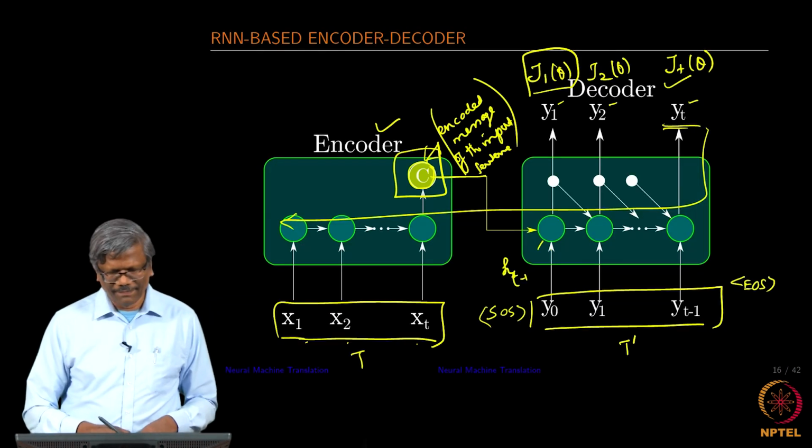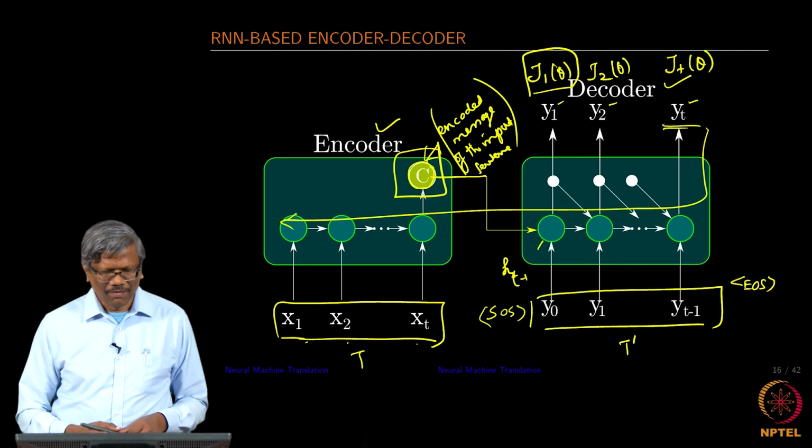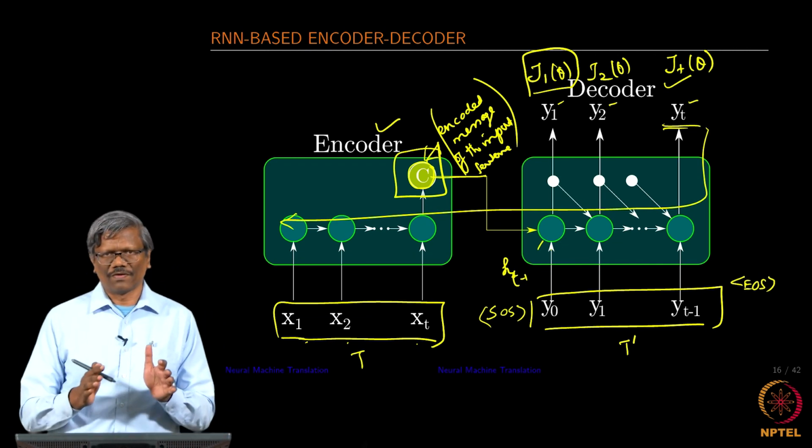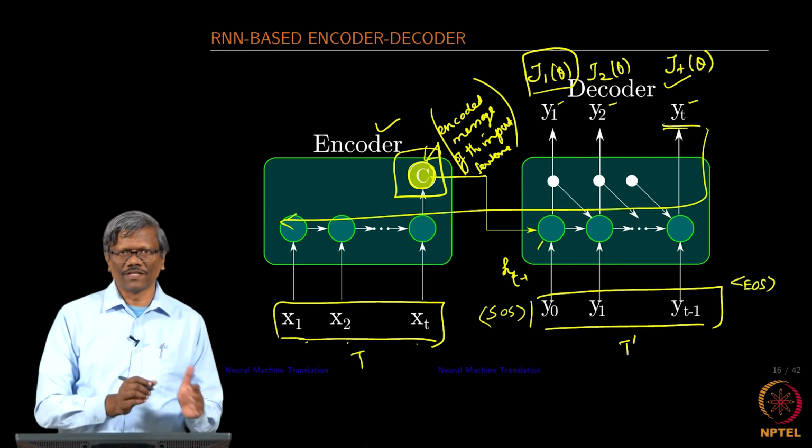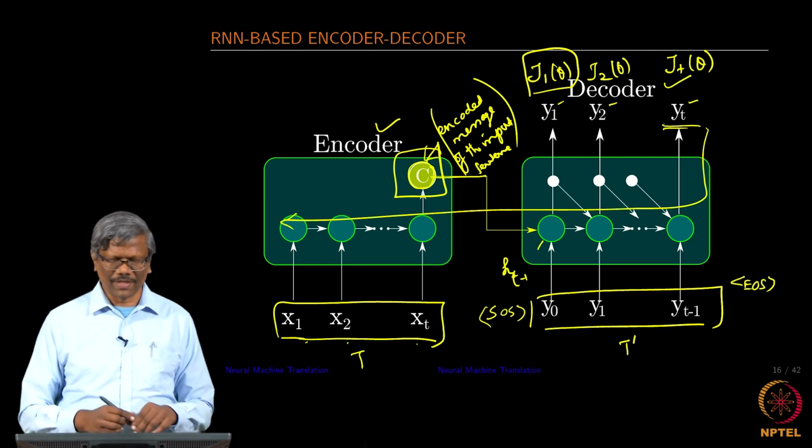Okay, so we have described a model where there are two RNNs. One is used for encoding, another one is for decoding.